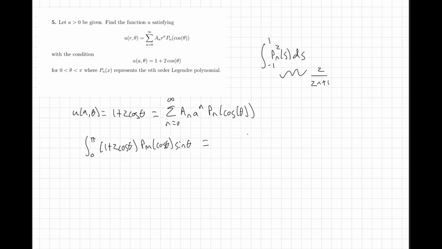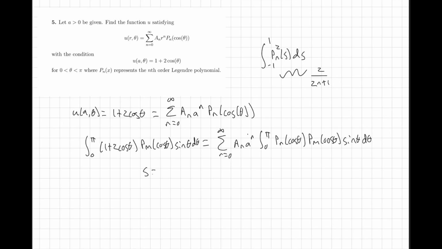And this is equal to the infinite sum n equals 0 to infinity of a sub n, a to the n, multiplied by the integral from 0 to pi of P sub n of cosine theta, multiplied by P sub m of cosine theta, multiplied by sine of theta d theta. Okay, so I'm going to go ahead and use change of variables, or s substitution in this case.